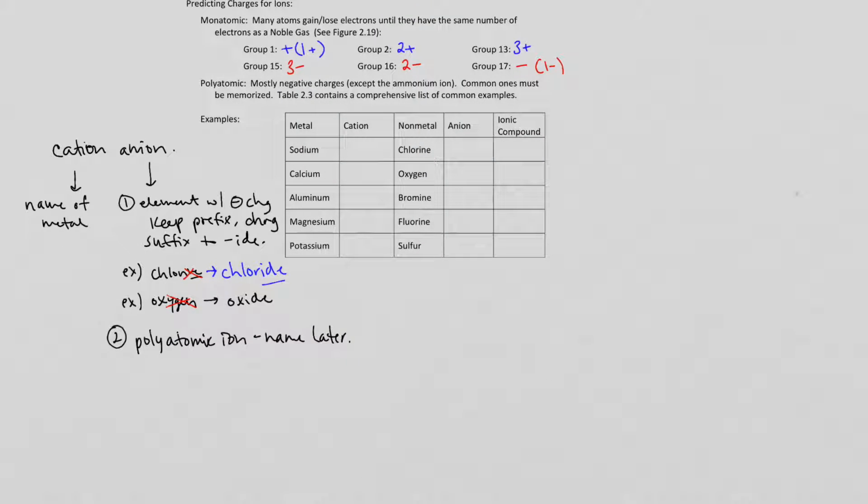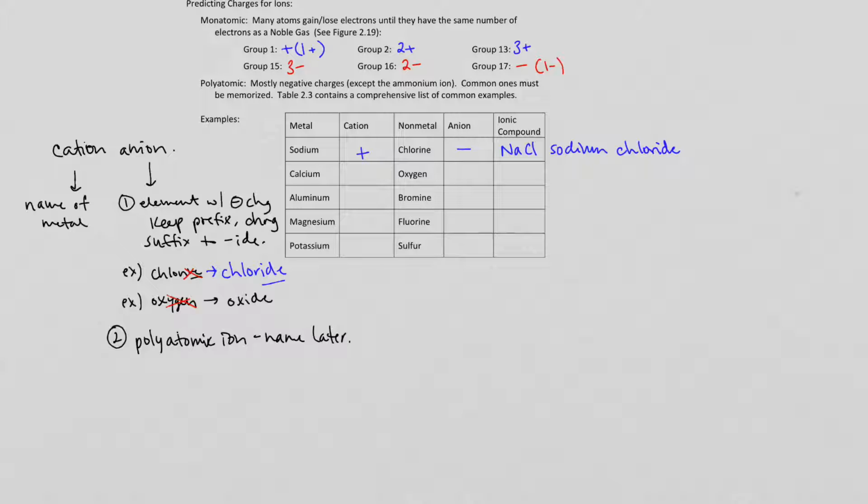Let's go back to this table here. For sodium, remember we said that was just a +1. Chlorine was just a minus. So the ionic compound is NaCl, or sodium chloride.